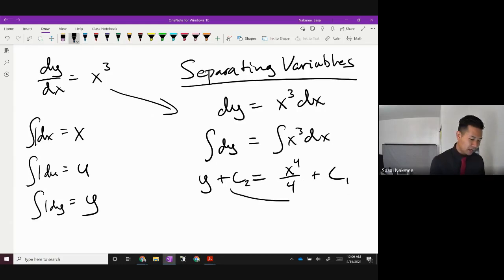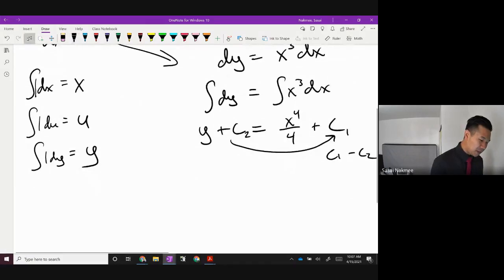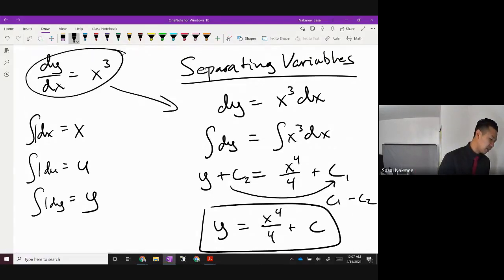If I move this constant over here and I have c1 minus c2, does anyone know what a constant plus a constant or a constant minus a constant would make? That's right, Monica, another constant. So when we deal with these differential equations, we just have the plus c one time. So I'd write this as y is equal to x to the 4th over 4 plus c, and that is my general solution for this differential equation, right?